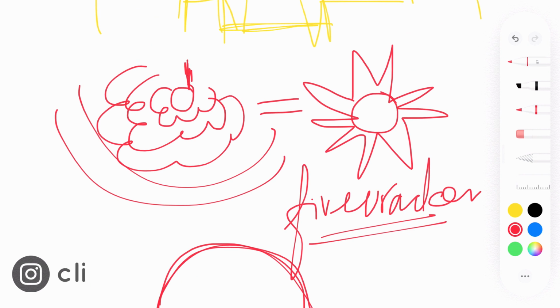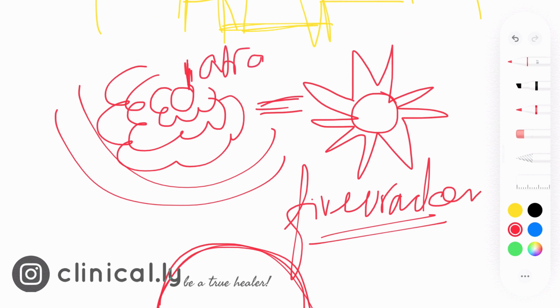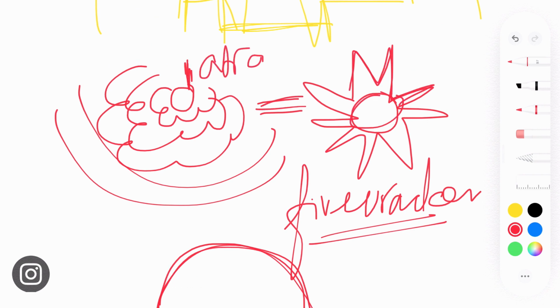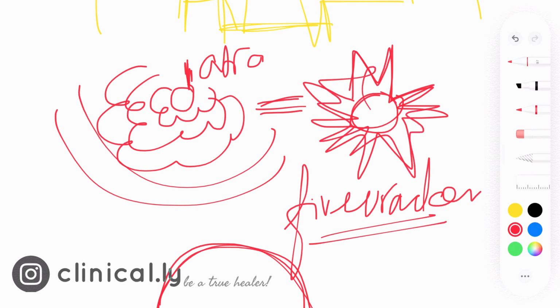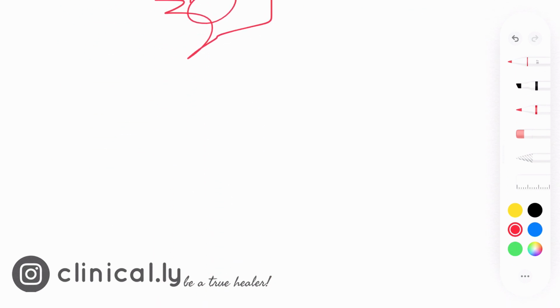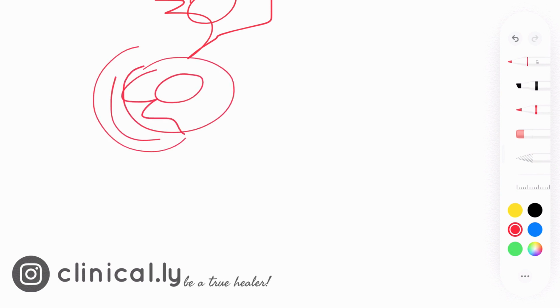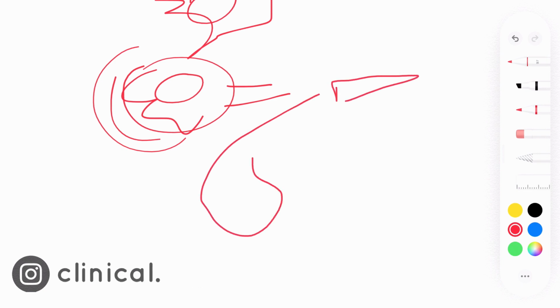So if this atrial activation is comparable to a firecracker bursting, the activation of the ventricles is comparable to a bullet. This is a gun.